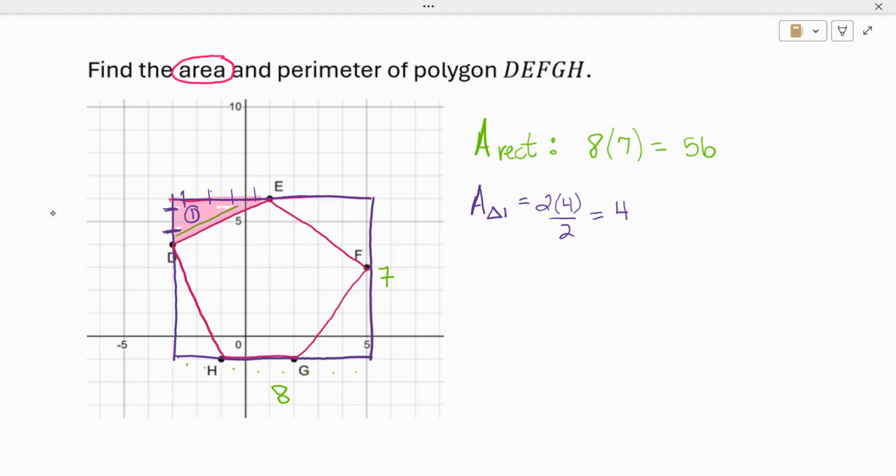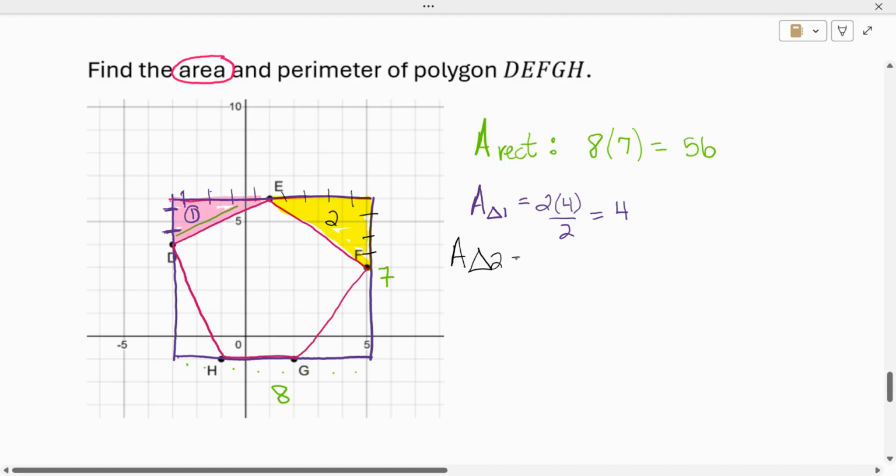Triangle number 2. Owen, what are the measurements that I'm using for the base and the height? Well, for starters, its base is 3. Yes. And its height is 4. So the area of triangle number 2 is 3 times 4 divided by 2.